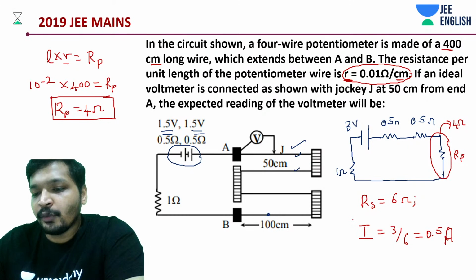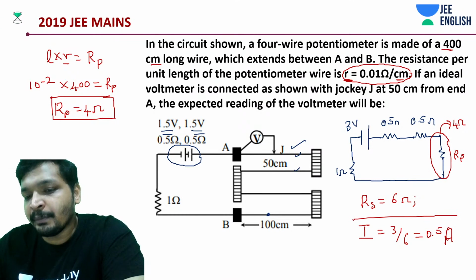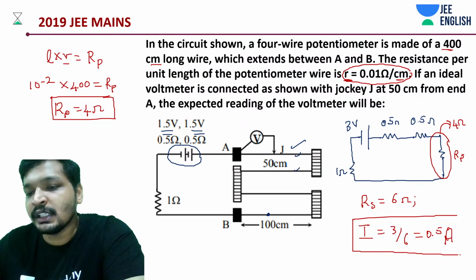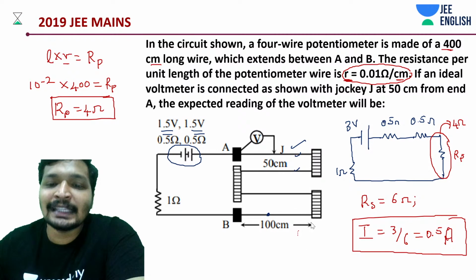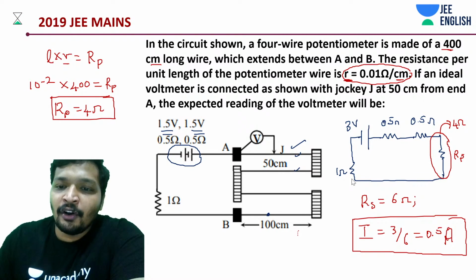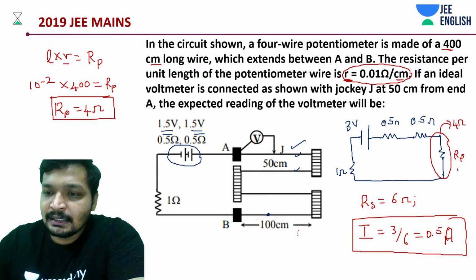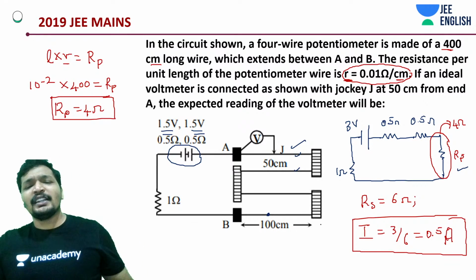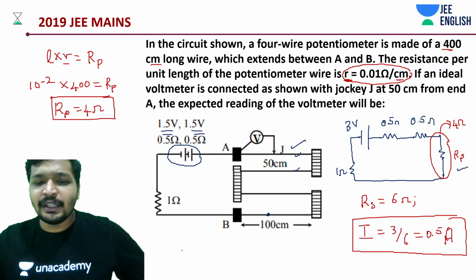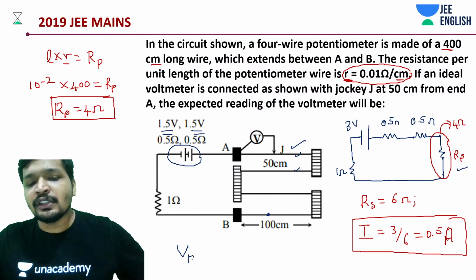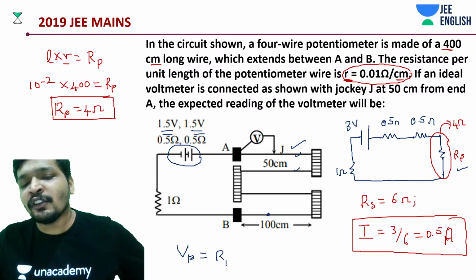Now let me ask you a question in this case. If 0.5 amperes is the total current and all of these are connected in series, what is the potential drop across your RP? Potential drop across your potentiometer is nothing but resistance of potentiometer into the current.